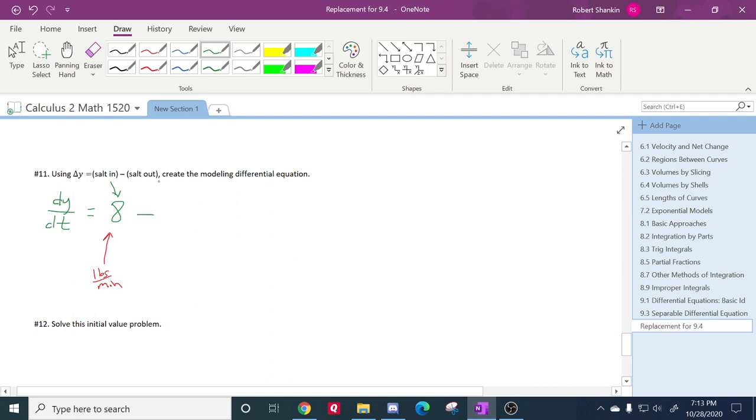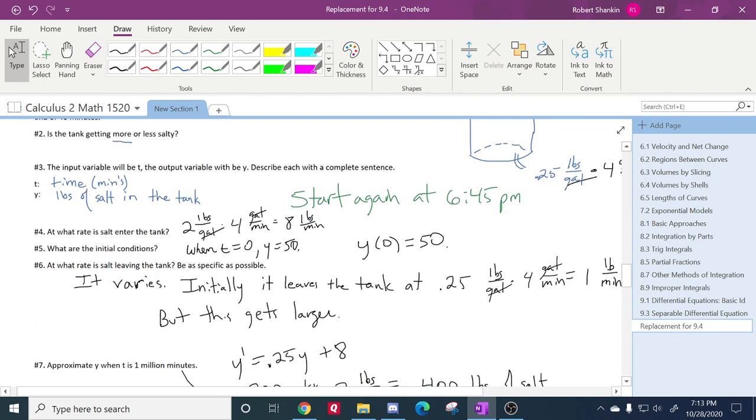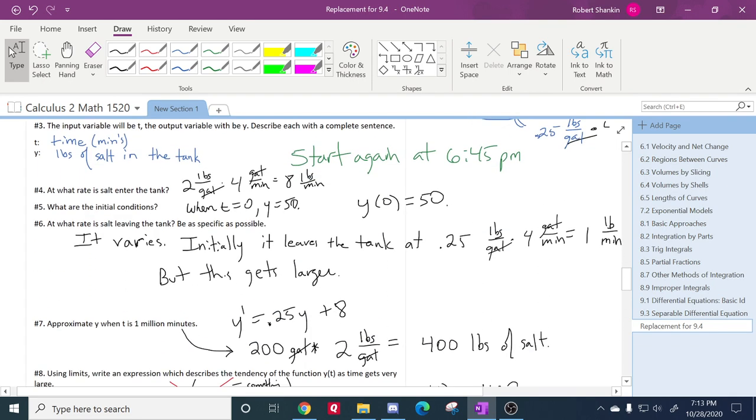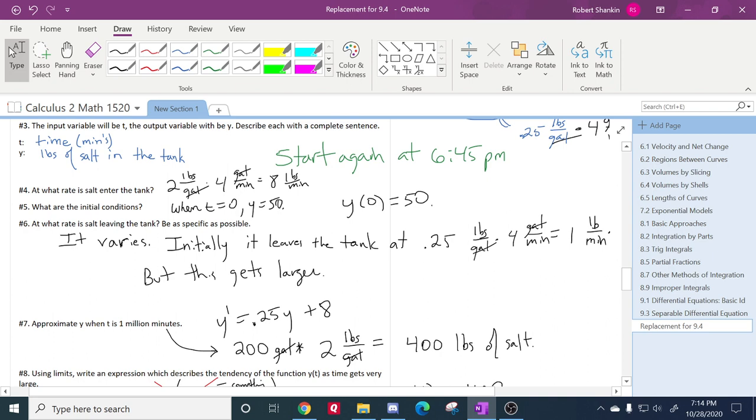Salt out was the complicated one. At what rate is salt leaving the tank? It varied. Initially, it leaves the tank at 1 pound per minute. But this gets larger and larger.